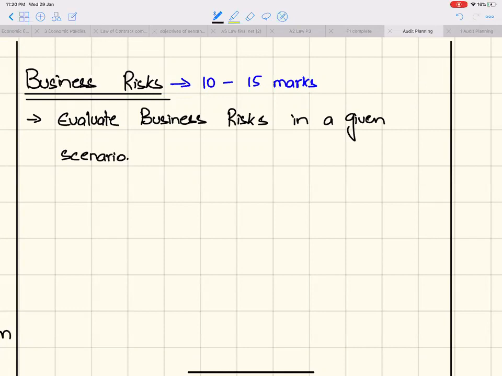So my answer will be that business risk is any factor which can affect the organization's cash flows, its profitability, or its liquidity position. So it includes any factor which can affect the cash flows, profitability, or the liquidity position of the company.